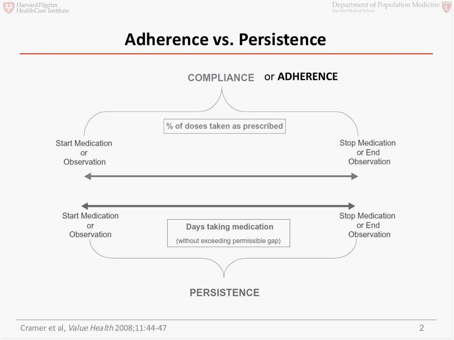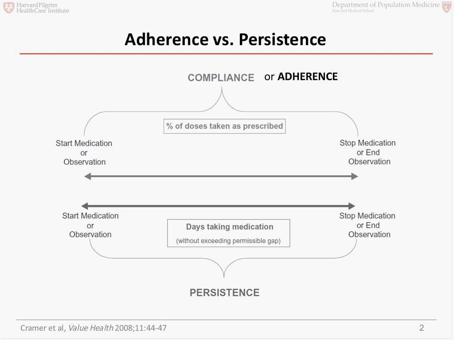The first measure is compliance or adherence. Basically, this is a measure that describes how well patients follow prescribers' instruction in terms of the timing, the dosage, and frequency of medication taking, and it's often represented as a proportion, like the medication possession ratio that we are more or less familiar with.